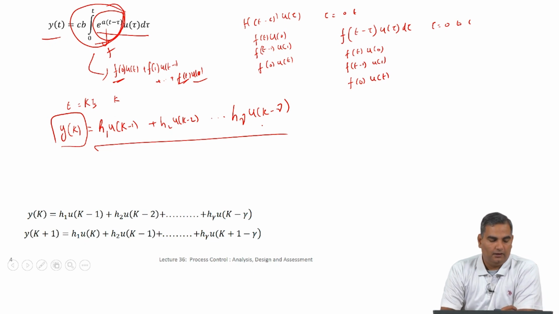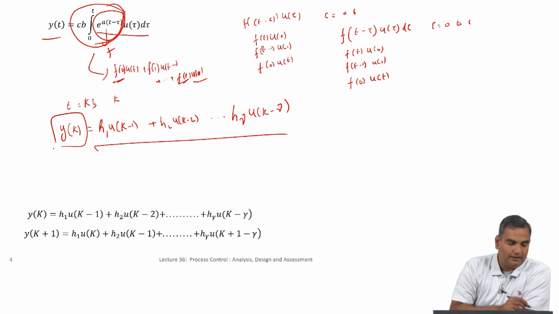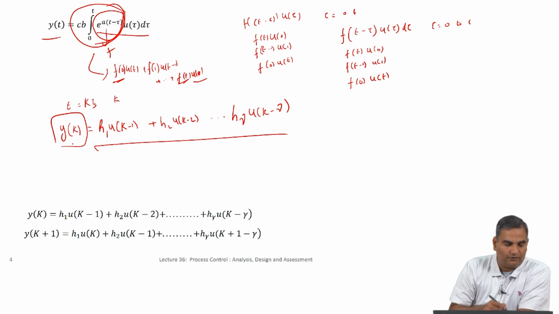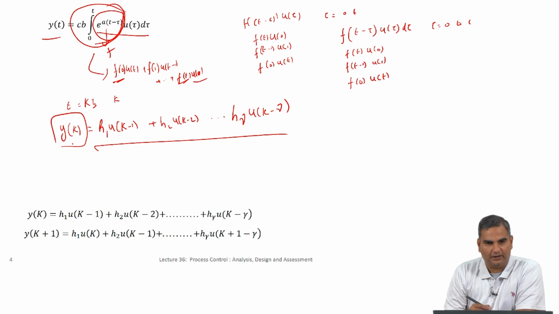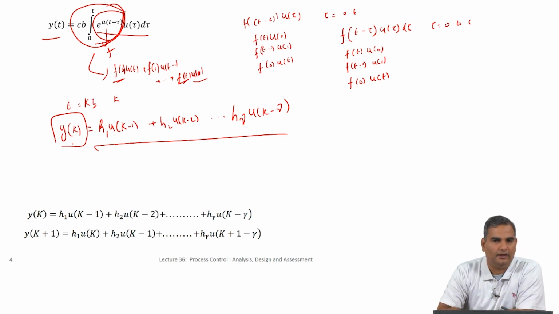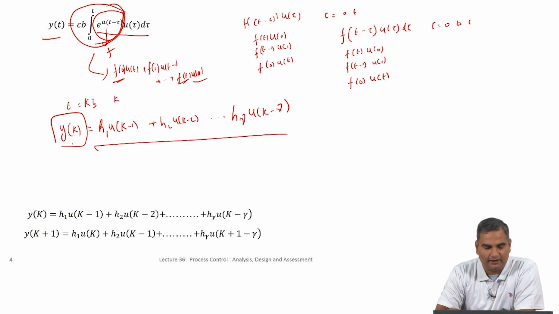So, the current output y of k is a function of all the inputs that I have had in the past, and these inputs that I have had in the past have different weightings based on how recent the input is or how far in the past the input is in general.